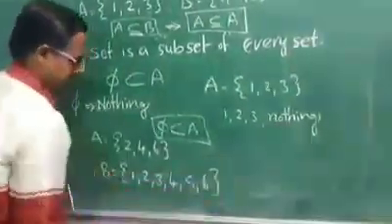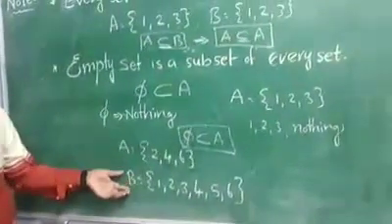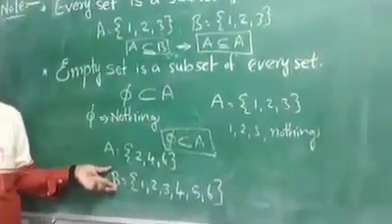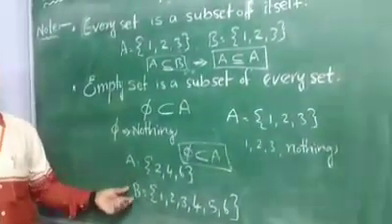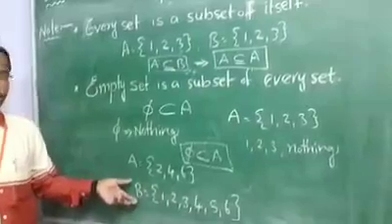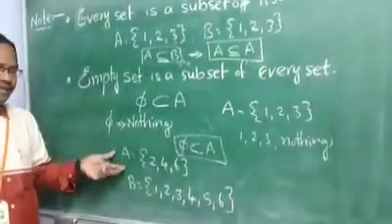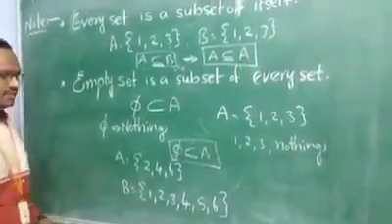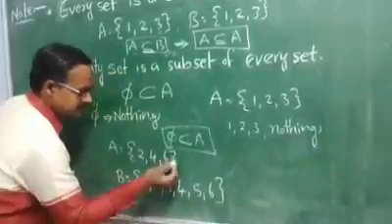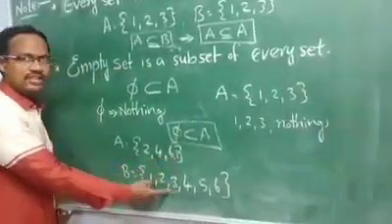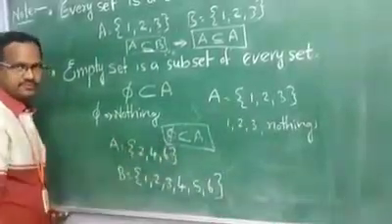Now, in another way we can say: if an element of A is not in B, then A is not a subset of B. Suppose in A we have 7, and this 7 is not in B. That means A is not a subset of B.